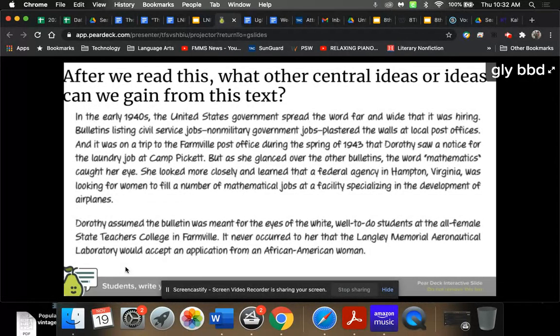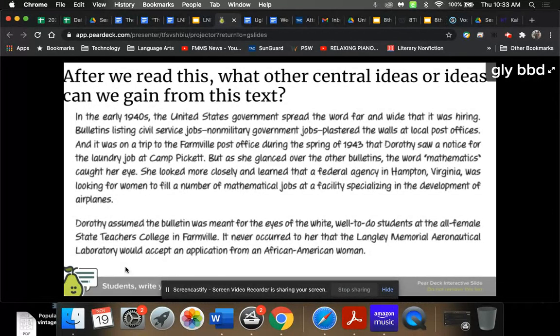In the early 1940s, the United States government spread the word far and wide that it was hiring. Bulletins listing civil service jobs, non-military government jobs, plastered the walls at local post offices. And it was on a trip to the Farmville post office during the spring of 1943 that Dorothy saw a notice for the laundry job at Camp Pickett. But as she glanced over the other bulletins, the word mathematics caught her eye.